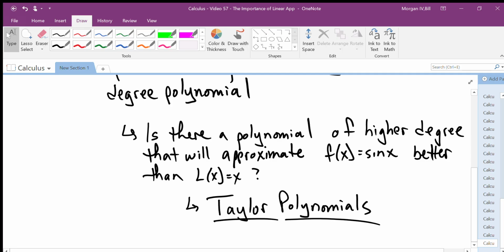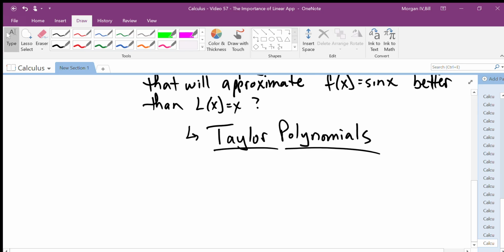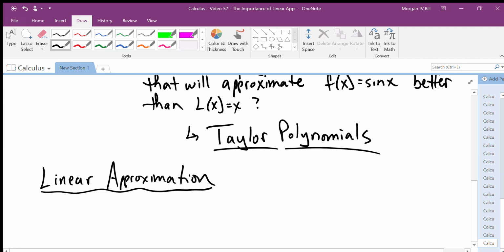Okay, so here's the idea behind this. You'll see this in a later calculus class as well, but it really does connect to linear approximation, so I like to introduce the idea here. So our linear approximation, in general, was the equation of the tangent line created at a, f of a.